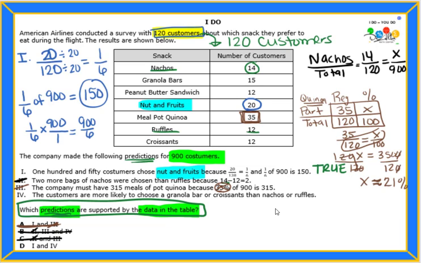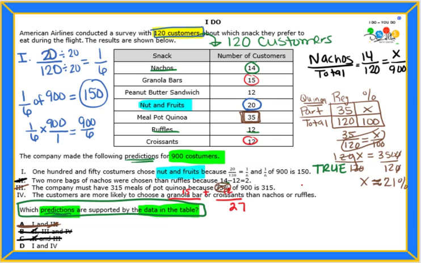So let's go ahead and evaluate using this table, granola and croissant. So granola bars, that would be 15. Croissants, that would be 12. So 15 and 12, that is 27.